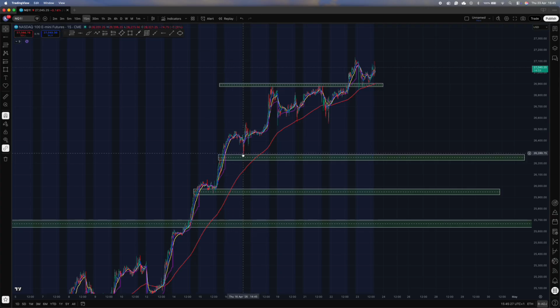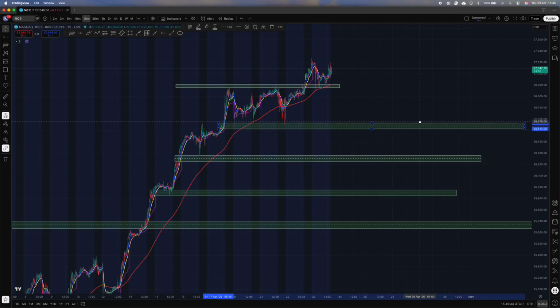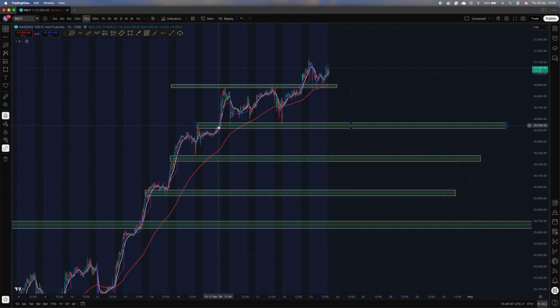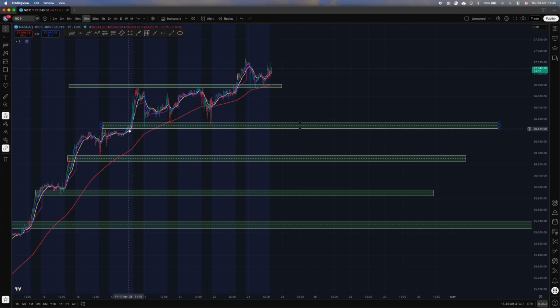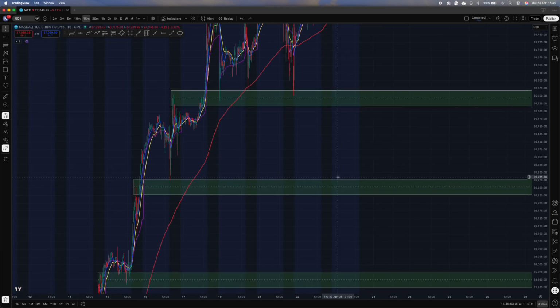Supply turned into demand, and so if price comes back down here, I know this is an area in which there were previous buyers, and we could look to take this area long. Same thing here. After it pushed above this previous supply, it turned into demand, it pushed up, made a new supply, came down, and again, although it never respected it the first time, the second time it came into this area, let's zoom in on this.